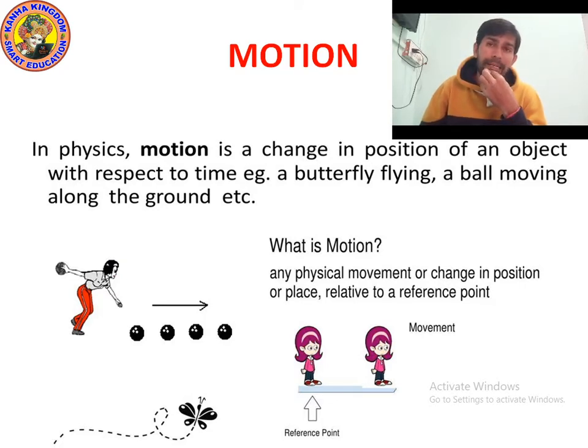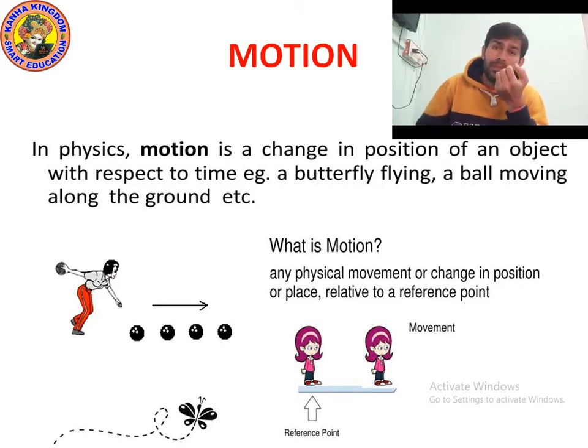Second definition: a body is said to be in a state of motion if it changes its position continuously with respect to its surrounding with the passage of time. This is also a definition, but it is a little bit tough, so you need not learn it. Learn only the definition which is on the screen.